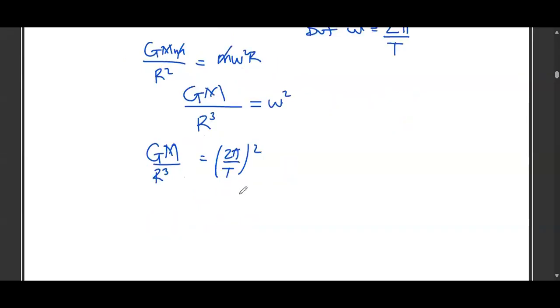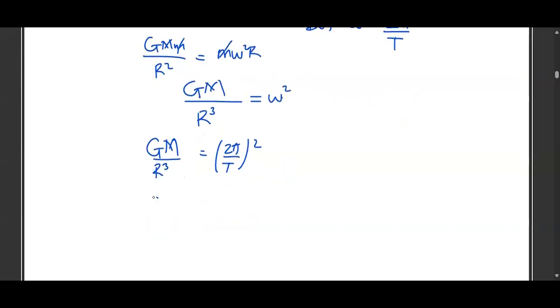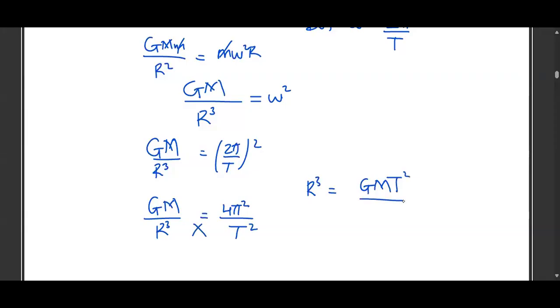And for this case, we shall have GM divided by r cubed equal to 4 pi squared divided by T squared. Cross multiplying, we shall come up with r cubed equal to GMT squared divided by 4 pi squared.